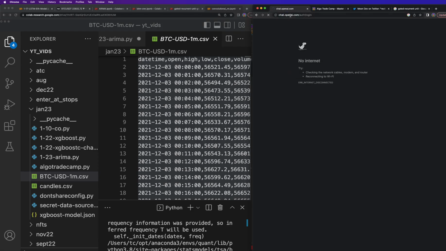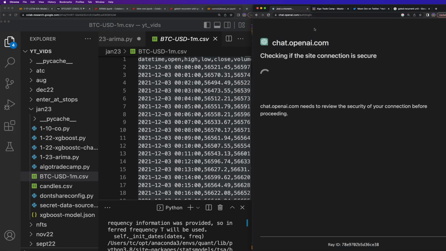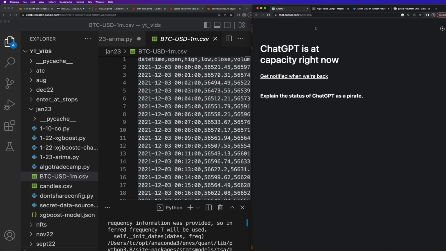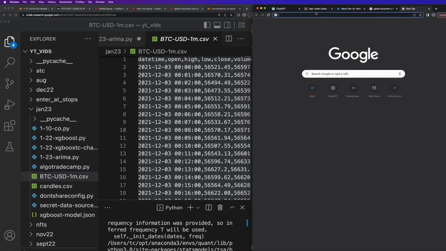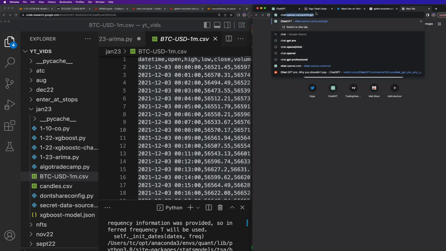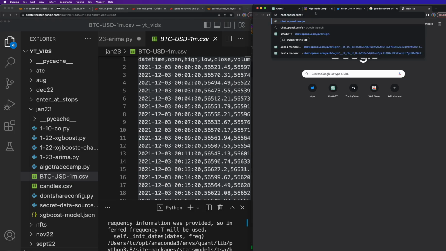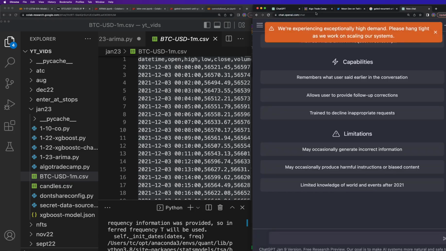Let's try ChatGPT. I can't wait to pay for ChatGPT because I do push it too hard. Let's hit refresh a few times to see if this works. We'll get in there. Let's try it in a different tab here. There we go.